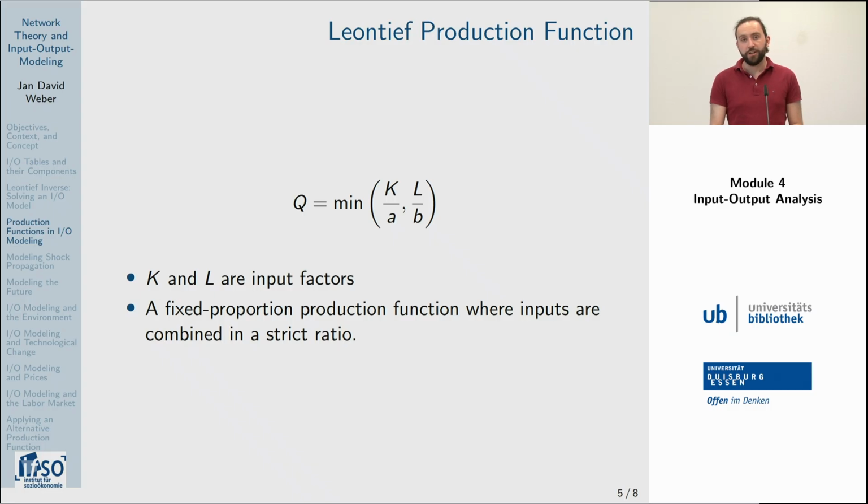This does not change. There is no possibility for change in the production function. And this is why we have this minimum sign here, to say like, okay, this input relationship is the one that actually determines the output. There is no substitution between different input factors.